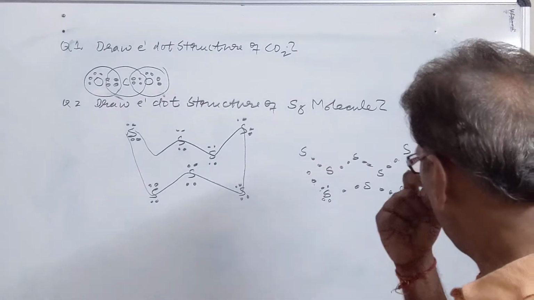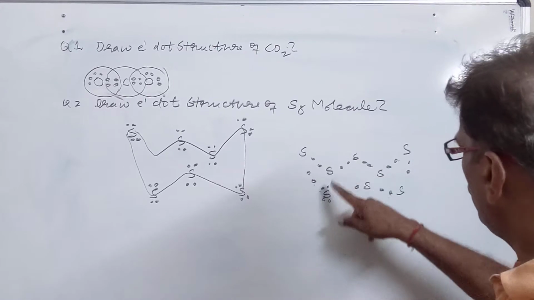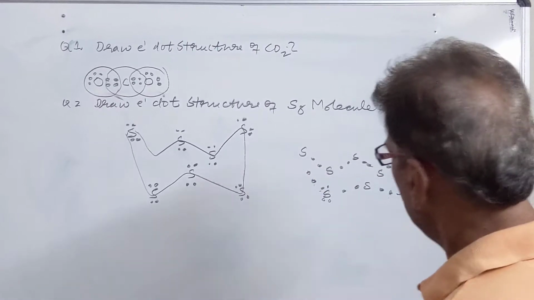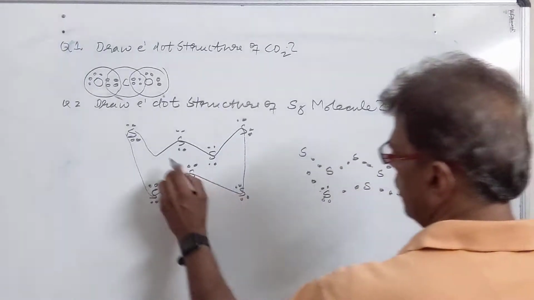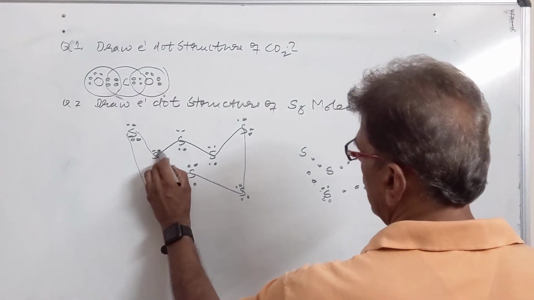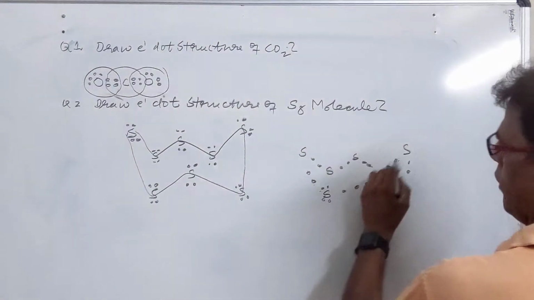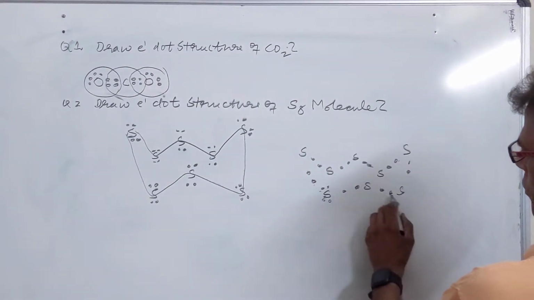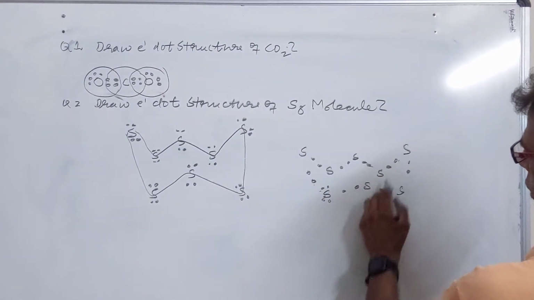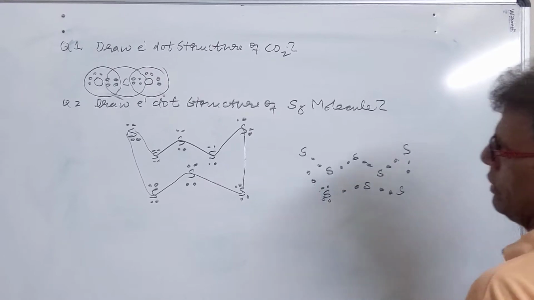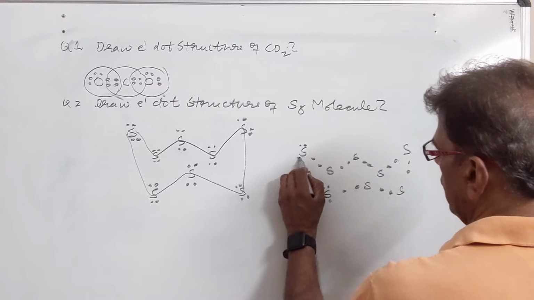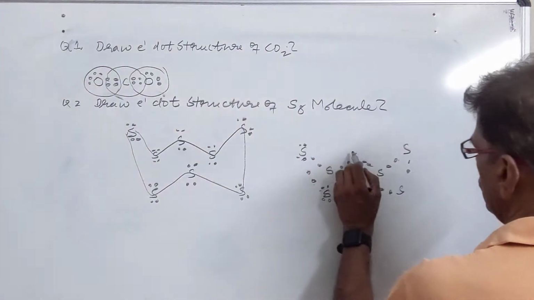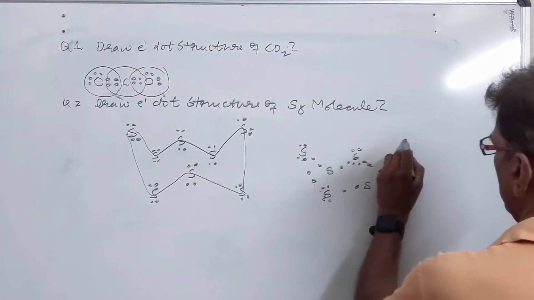We should have 8 sulfur here: 5 sulfur on the upper side and 3 sulfur on the lower side. So this is the electron dot structure of the sulfur molecule. Each sulfur has 2 lone pairs of electrons. They are shown separately.